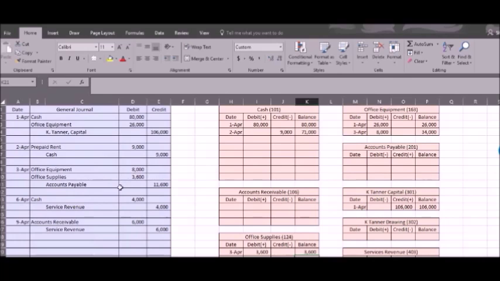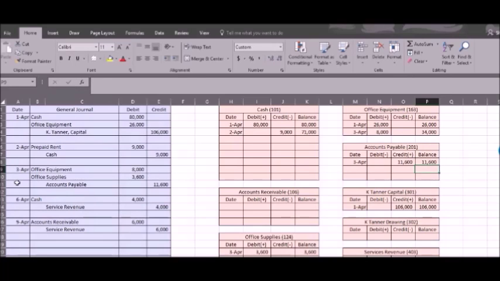Now we got to go back to the credit side, and we're going to pick up this accounts payable account. There it is right there. I'm going to fix that number thing right away. Okay, so we're at accounts payable 4-3. We credit accounts payable for $11,600, right? And accounts payable is a credit balance account, so it has a credit balance now of $11,600.